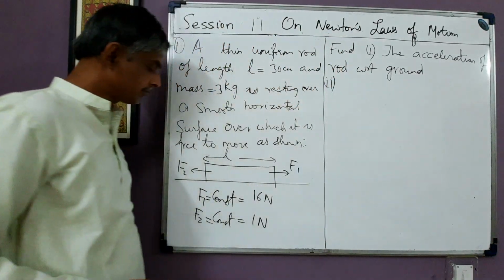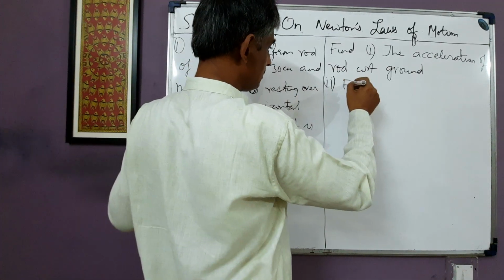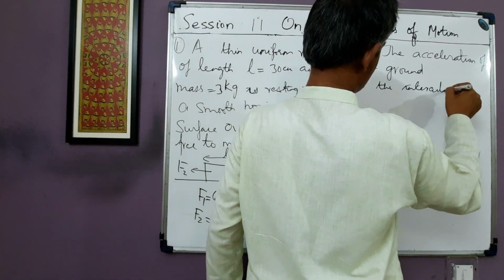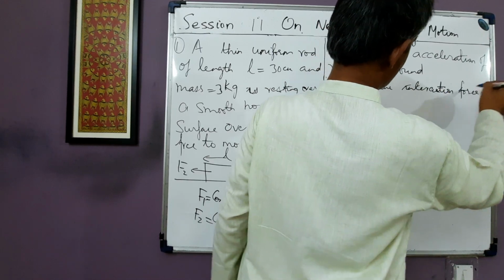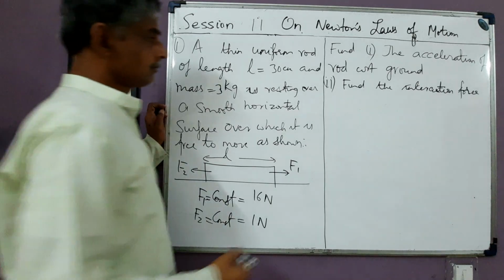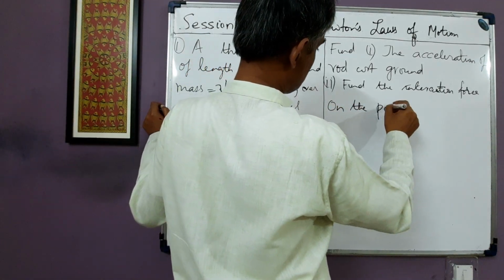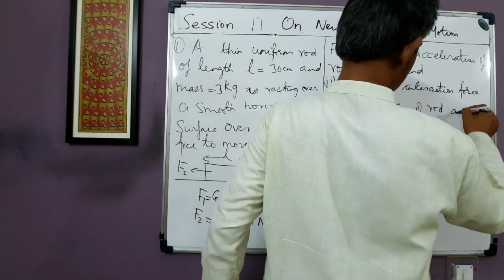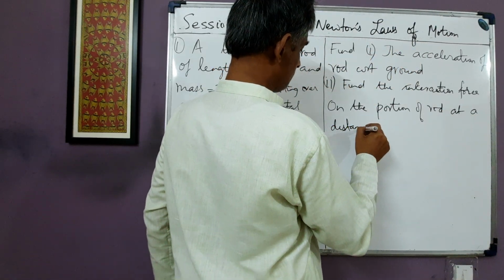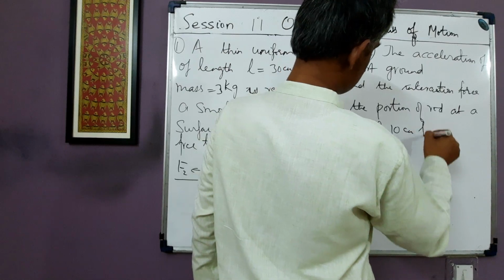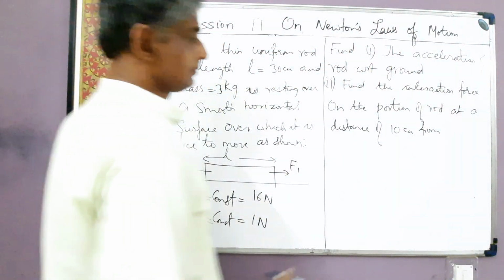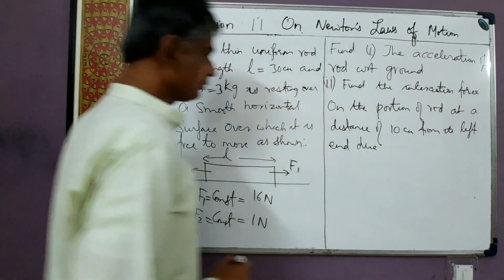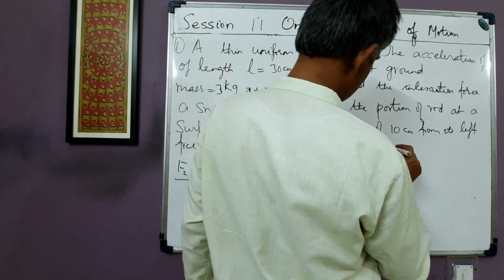And second thing we have to find: the interaction force on the portion of rod at a distance of 10 centimeter from its left end, due to the remaining portion.